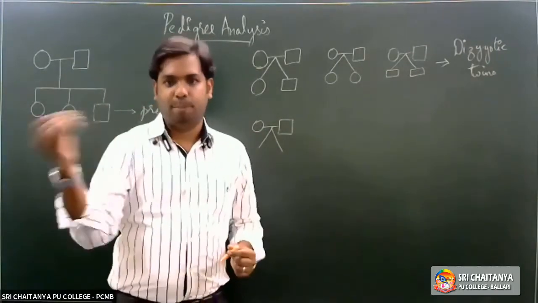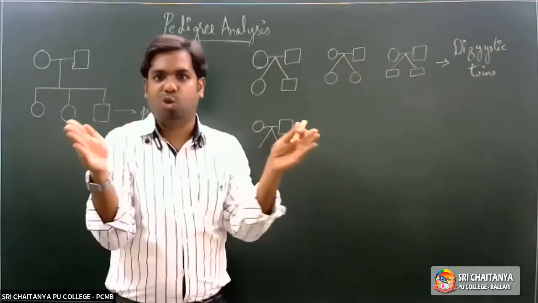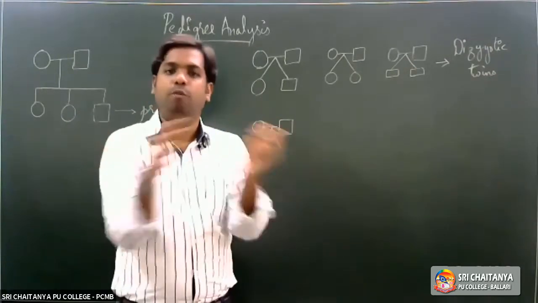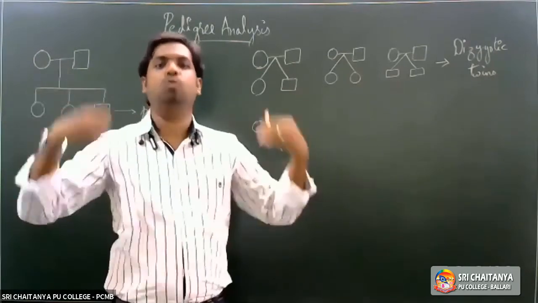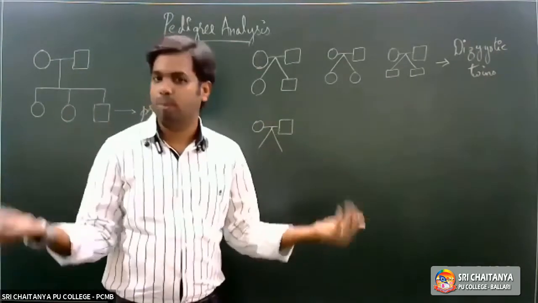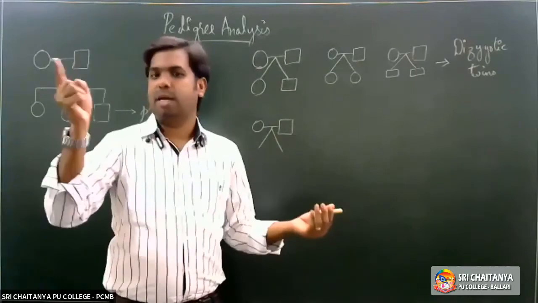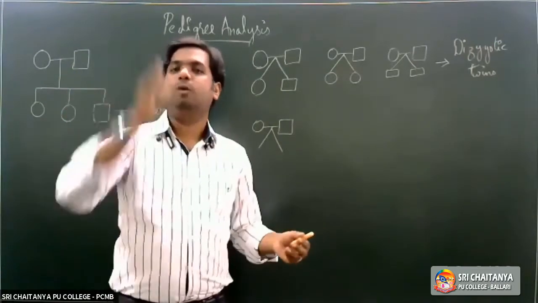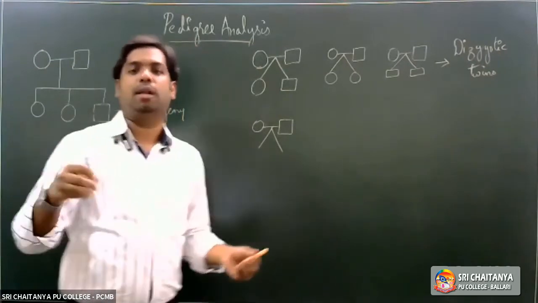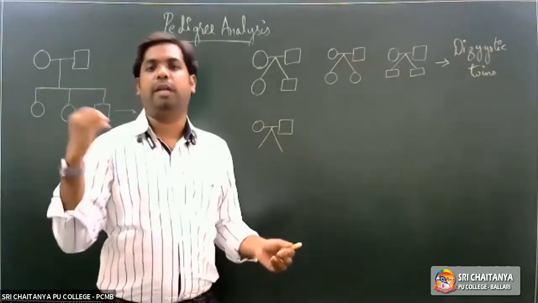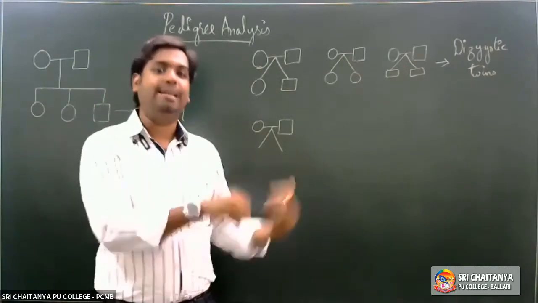Now, during the developmental process, the zygote splits into two, leading to the formation of two separate, independent zygotes. Those two zygotes will now undergo the process of development. So only one zygote is formed, and that zygote splits to form the twins. Such twins we call monozygotic twins, which are identical twins.